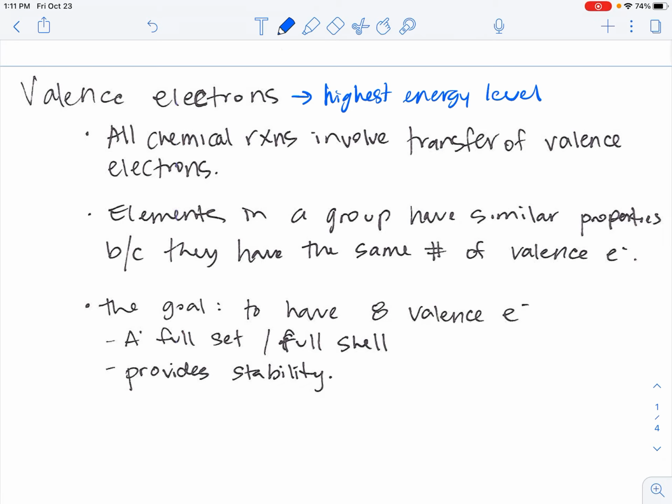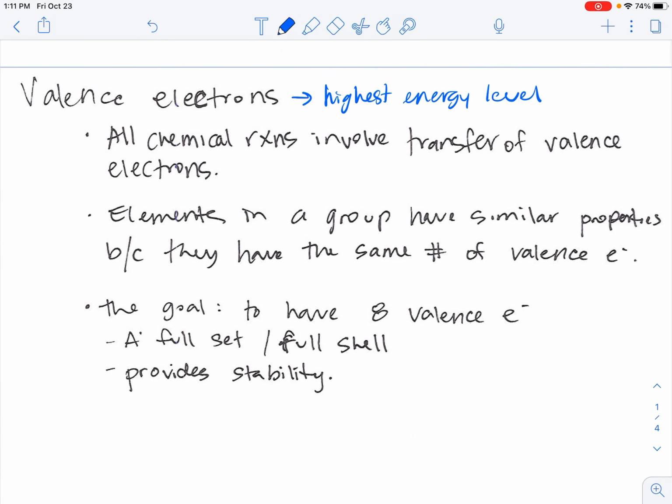You can identify valence electrons two ways. If we have written out, let's say, an electron configuration, let's say it's this one, 1s2, 2s2, 2p4. Actually, let's keep going.